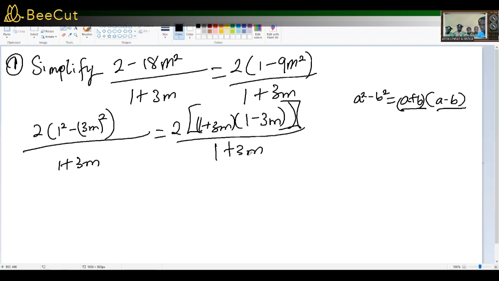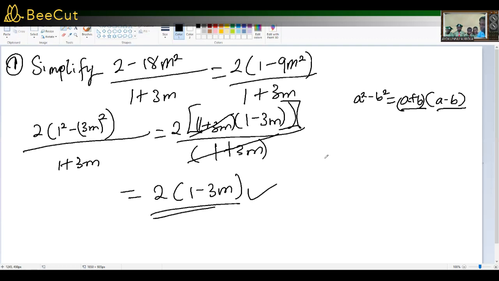So this is the proper way to do it. So the 1 plus 3m at the bottom divides the 1 plus 3m at the top, because we are multiplying everything else. Then this is what you have, 2 into 1 minus 3m. So this is the step to follow. Is it clear to everyone?